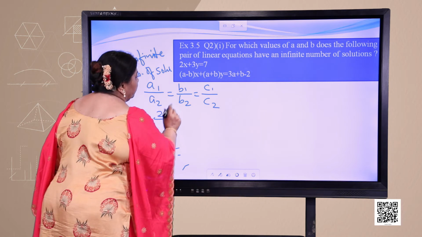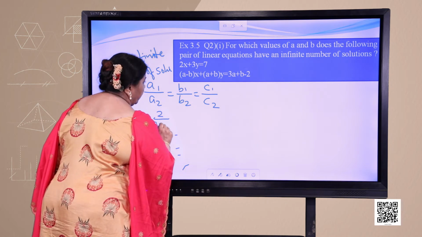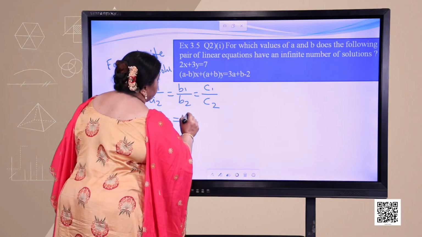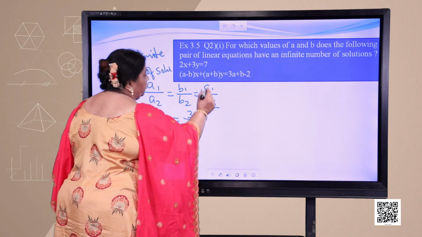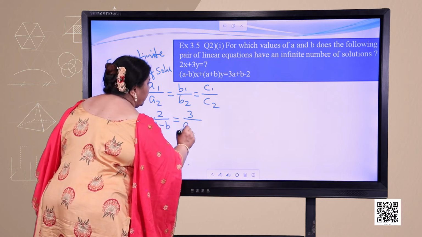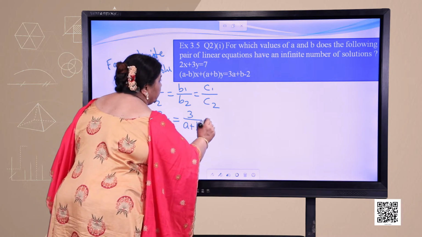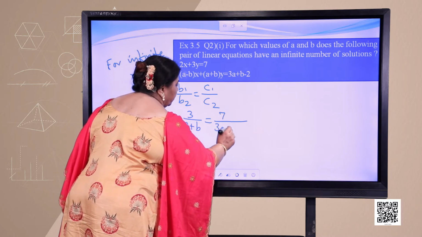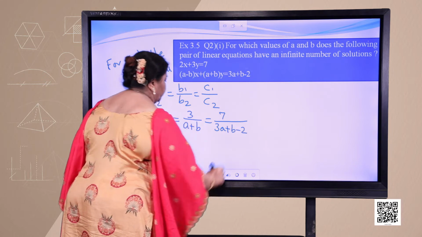It is 2. What is a2? It is a minus b, and what is the coefficient of y? It is 3. Coefficient of y here is a plus b, and constant term is 7 upon 3a plus b minus 2.